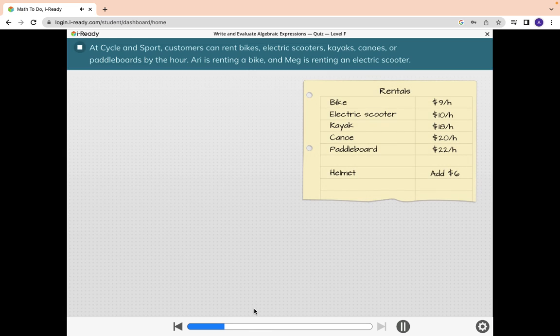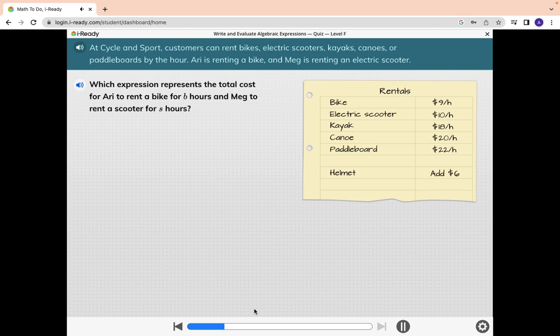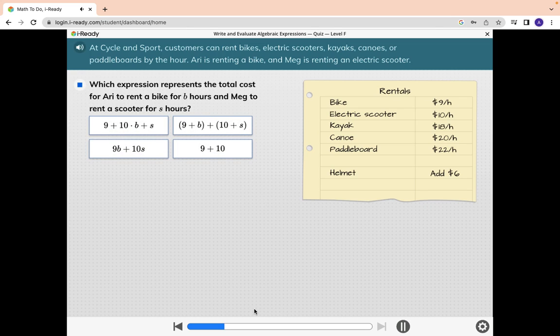We're gonna move on. At Cycle and Sport, customers can rent bikes, electric scooters, kayaks, canoes, or paddleboards by the hour. Ari is renting a bike, and Meg is renting an electric scooter. Which expression represents the total cost for Ari to rent a bike for B hours, and Meg to rent a scooter for S hours?